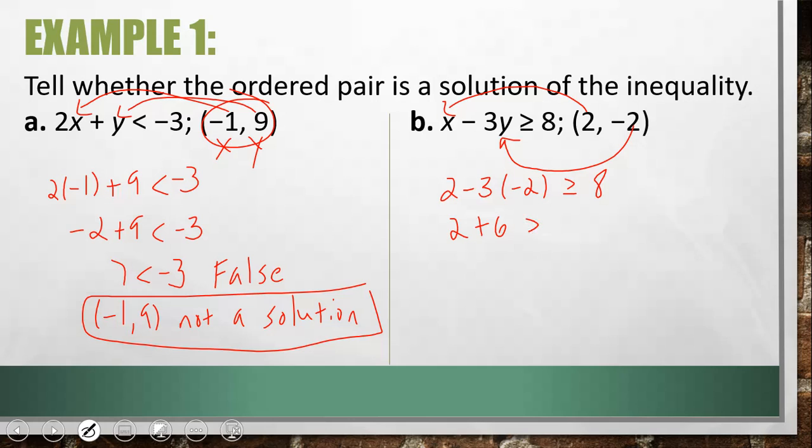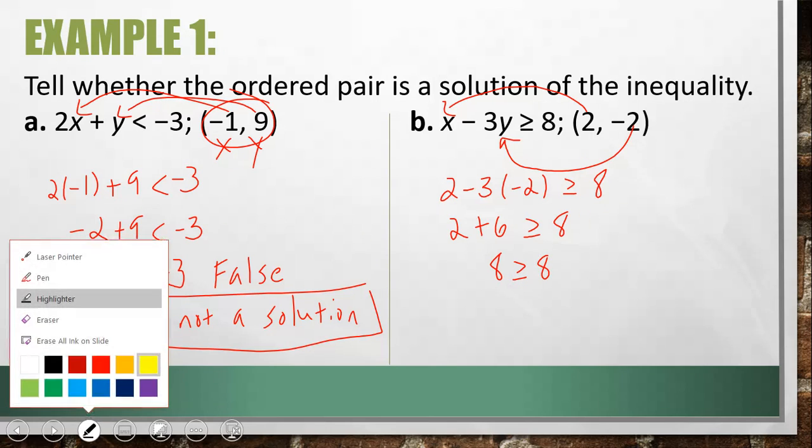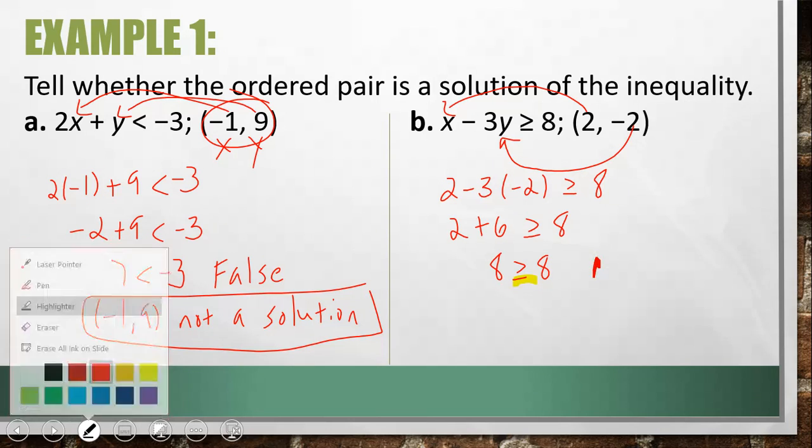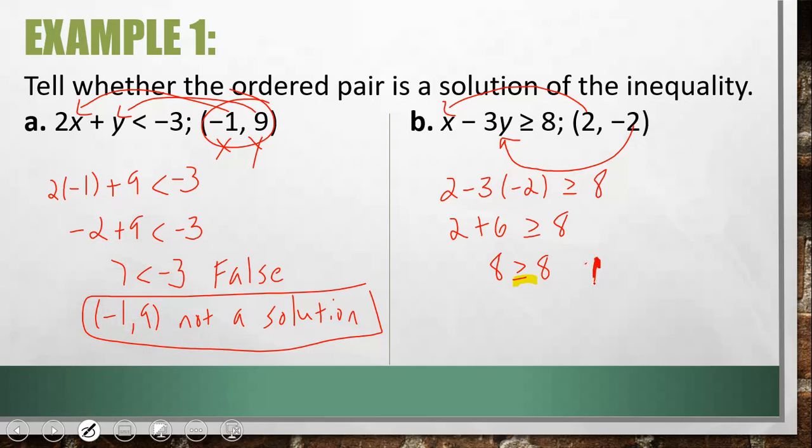Positive 6, so 2 plus 6 gives 8 is greater than or equal to 8. Well, because we have that equal to symbol as a part of our inequality, this ends up being a true statement, and therefore 2 comma negative 2 is a solution to this inequality.